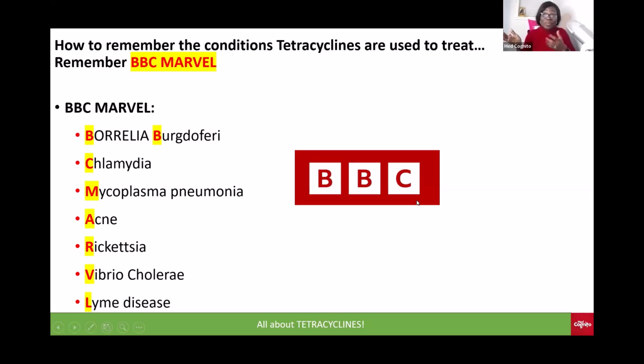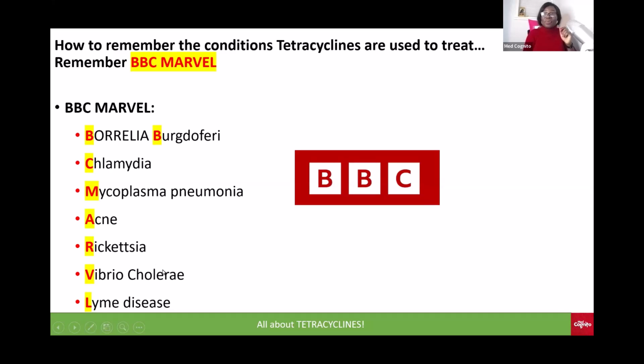Remember Marvel, who works at BBC. So BB is Borrelia burgdorferi. It is the bacteria that causes Lyme disease. C for chlamydia. M, mycoplasma pneumonia. A, acne. R, rickettsia.